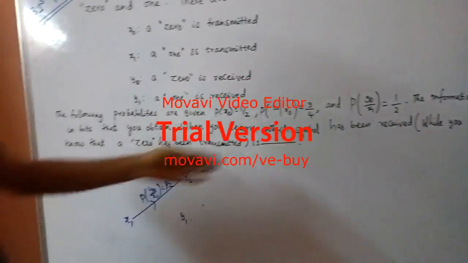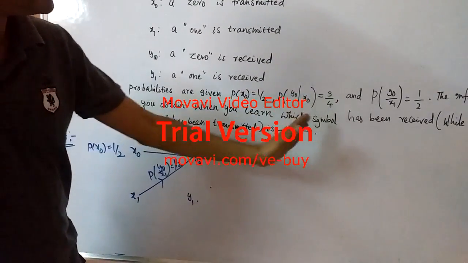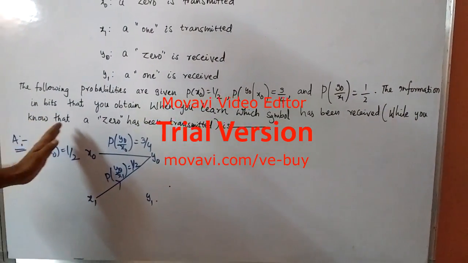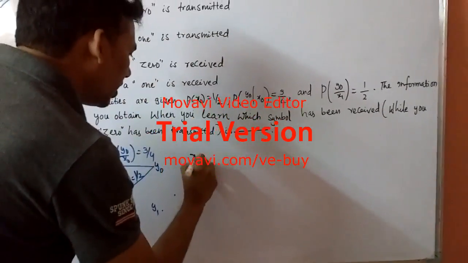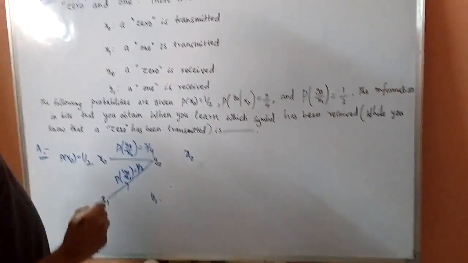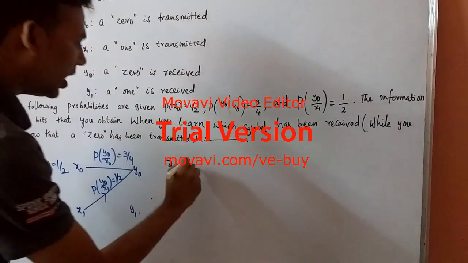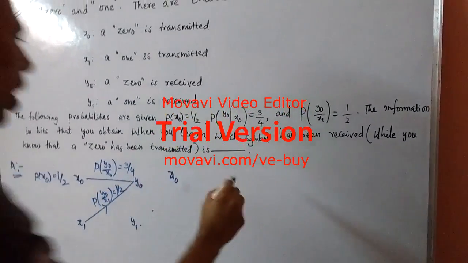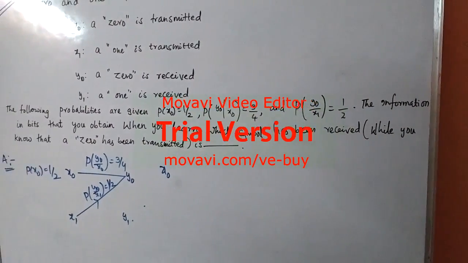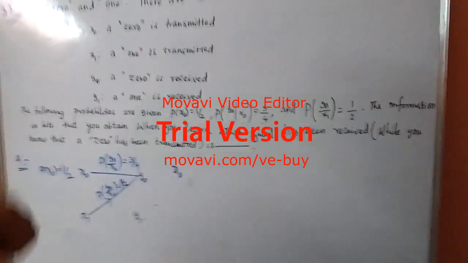Now the question is, the information in bits that you obtain when you learn which symbol has been received, while you know that a 0 has been transmitted. That is, we know that x0 has happened, which means a 0 is transmitted. Now, what is the information of the received symbols?